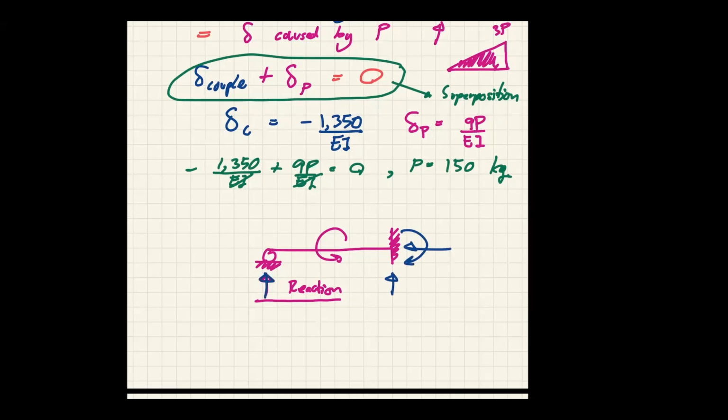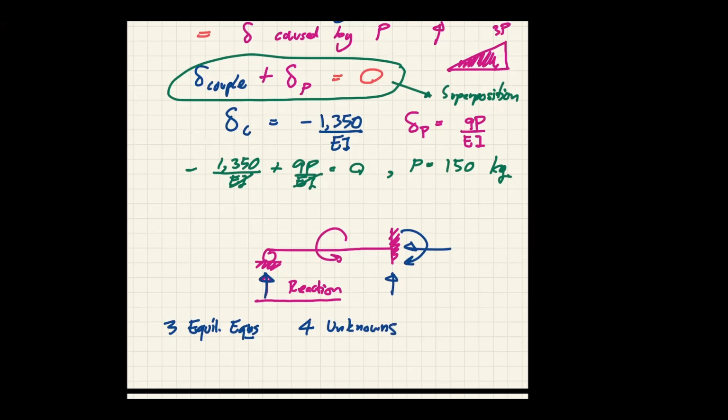How many equilibrium equations do we generally have? We have 3 equilibrium equations. But now we have 4 unknown reactions.